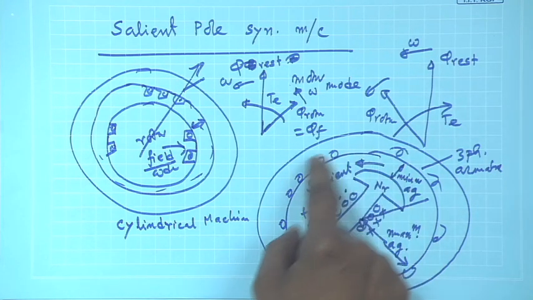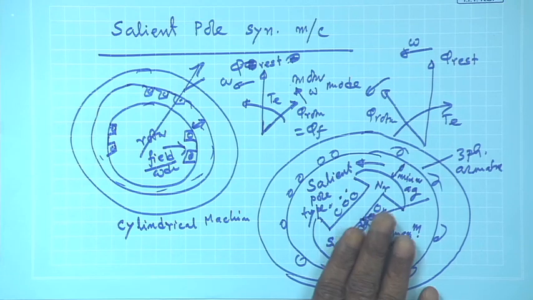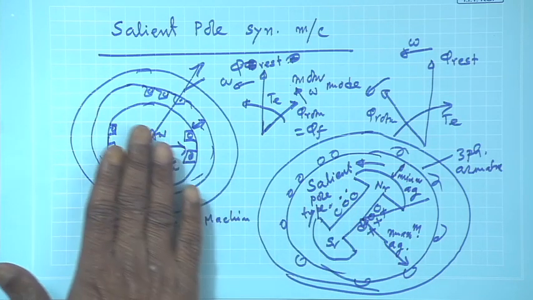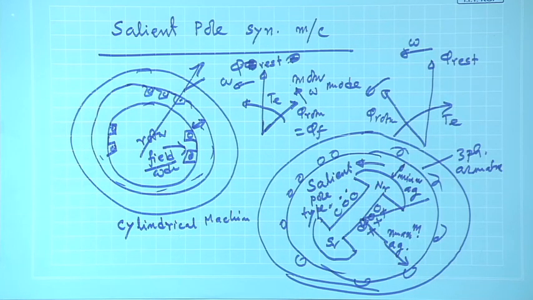Therefore, a salient pole machine is essentially a non-uniform air gap machine, and therefore the reluctance changes. It looks like the same principle cannot be applied here to analyze the machine.